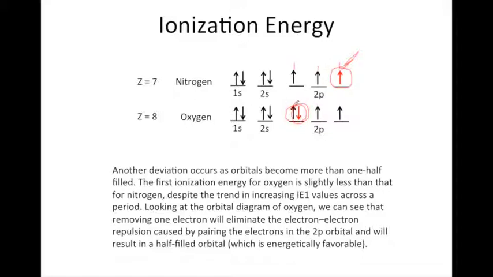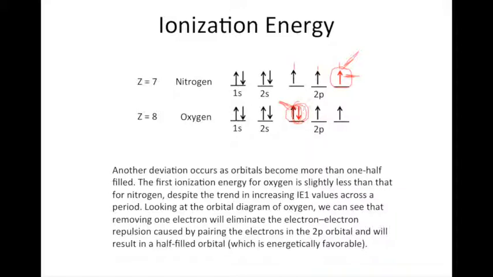Now, when you put two electrons close together like this, there's going to be some electron repulsion because both of these are negatively charged. So because of that, the electron that's added to oxygen, this outermost electron, feels an additional repulsive force that's not felt by this electron in nitrogen.